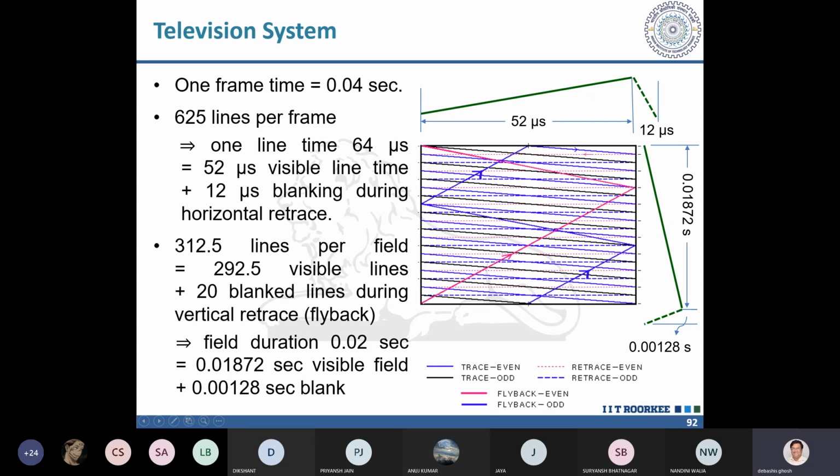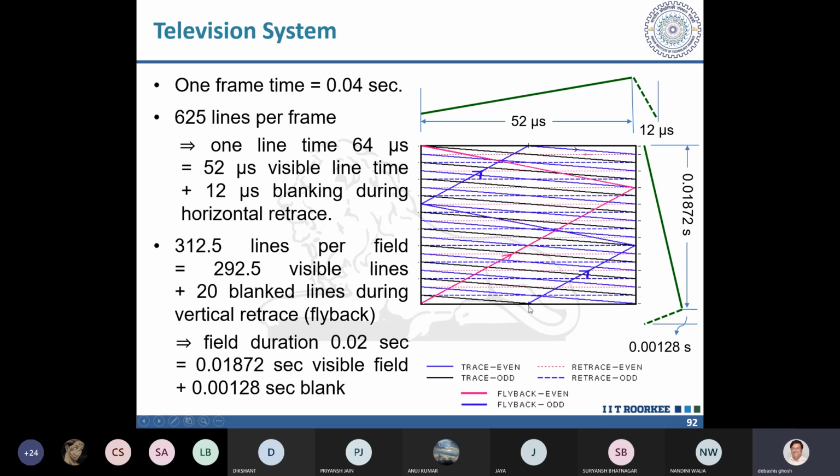Then for 20 blank lines period, where one line period is 64 microseconds, so 64 microseconds times 20 is 0.00128 second, you will go blank.